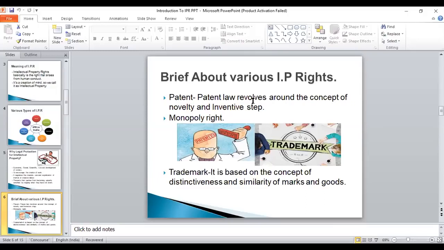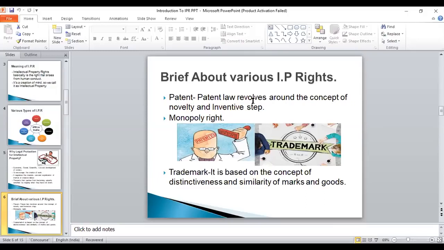For example, there has to be certain fees that need to be paid by the licensee to the licensor for a definite period of time. Now, what are the terms licensee and licensor? The licensee is the person to whom the licensor is granting the right of the patent. Suppose I have invented a computer machine, right?